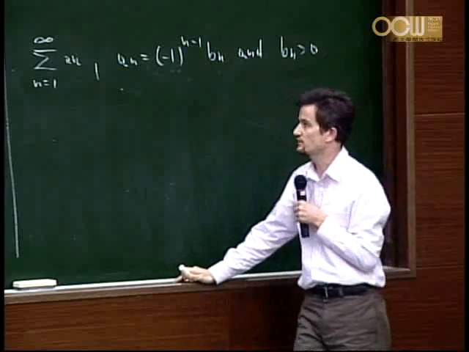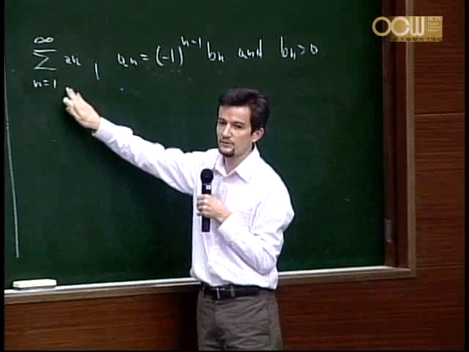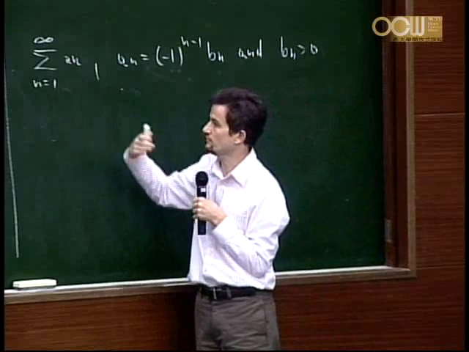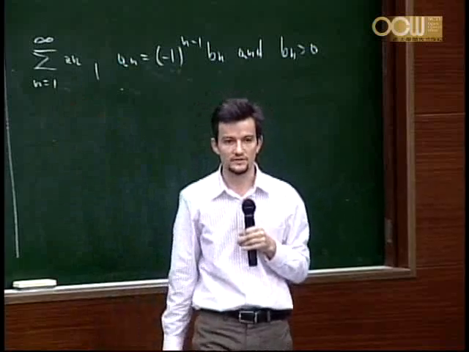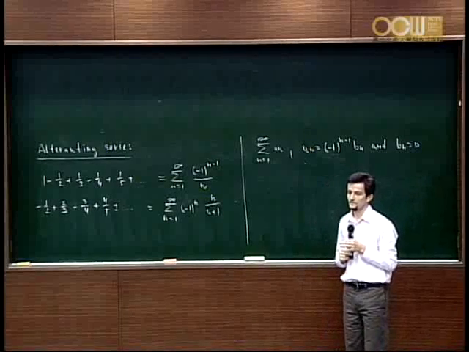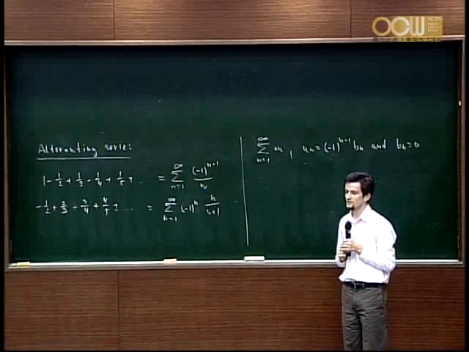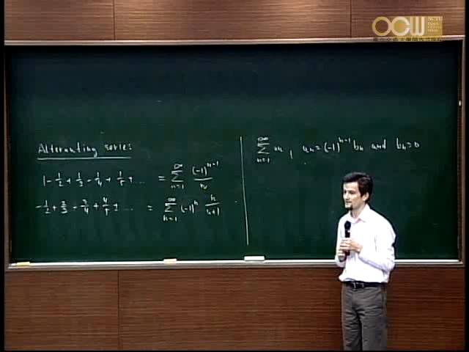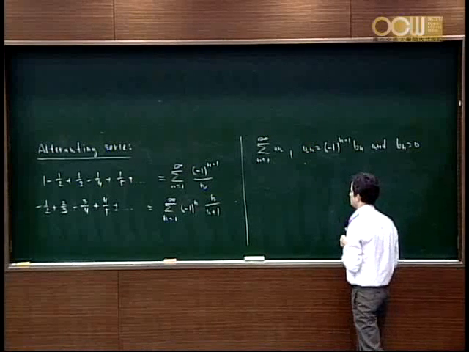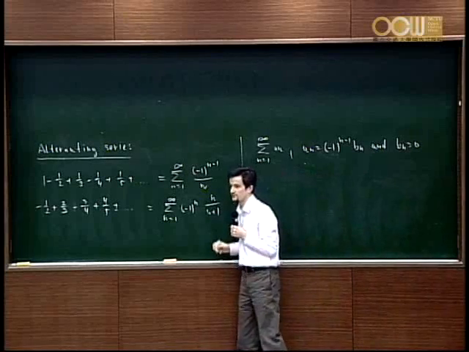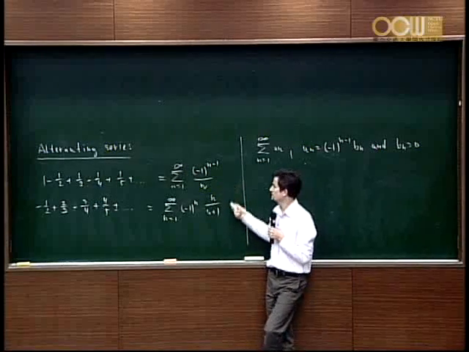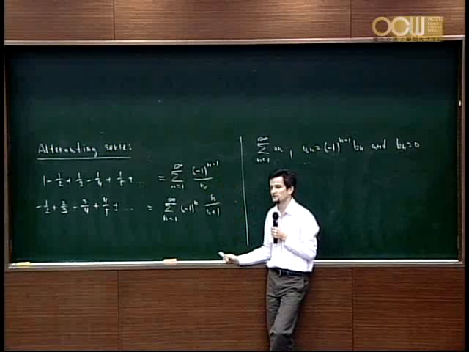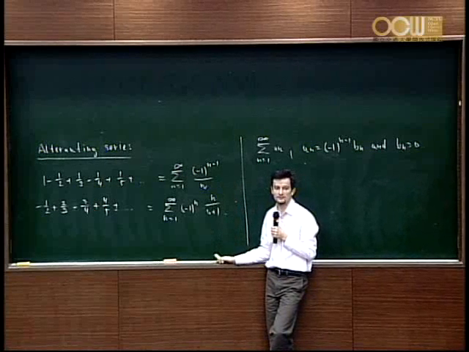And what we want to understand is under which conditions such a series is convergent. And this is a very easy case. We will see there is a very convenient result which allows us to derive very quickly whether such a series is convergent as well. If you look at those two examples, this example might be convergent, but this example is certainly not convergent. Why?